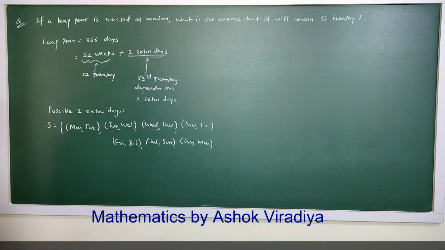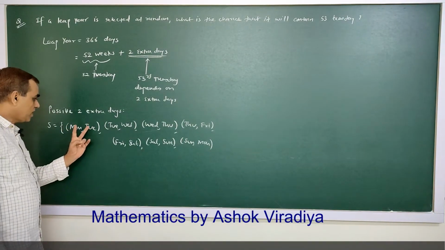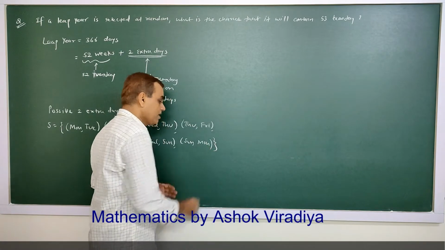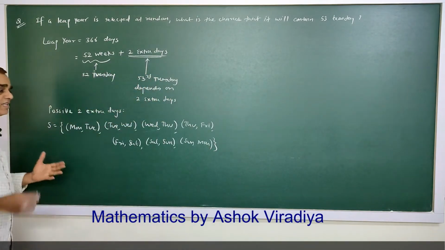See, check all possibilities: 1, 2, 3, 4, 5, 6, 7. So these are the possible pairs of extra days.